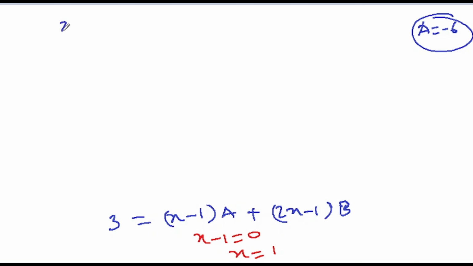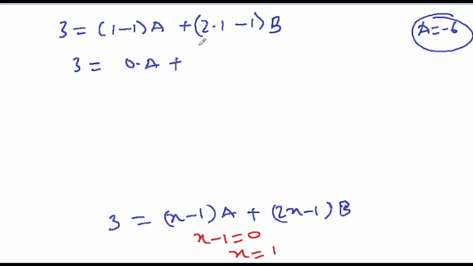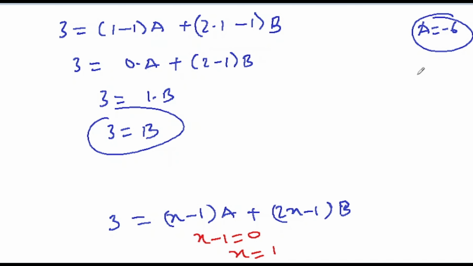We have 3 equals (1 minus 1) times A, then (2 times 1 minus 1) times B. 1 minus 1 is 0 times A, which is 0. Then 2 times 1 is 2, 2 minus 1 is 1, so 1 times B gives us B. So our B is actually 3. Let's put that here, B equals 3.